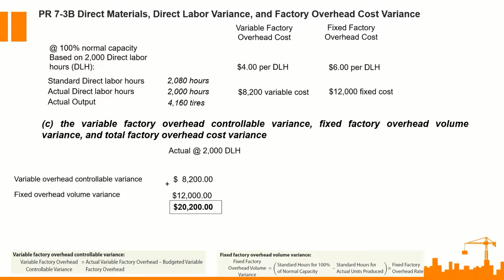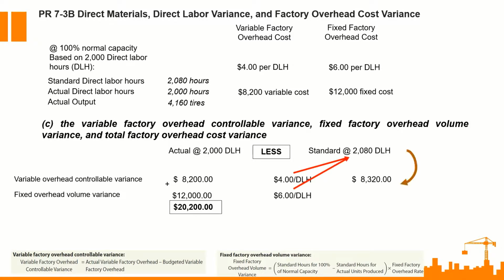So let's do the computation. We multiply our respective rates to our standard direct labor hours, and then we'll get the result of $8,320 for variable overhead and $12,480 for fixed overhead.